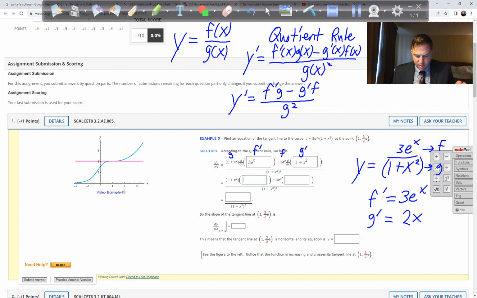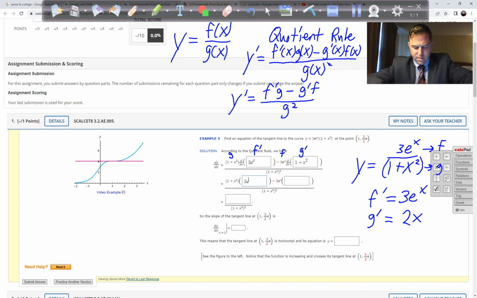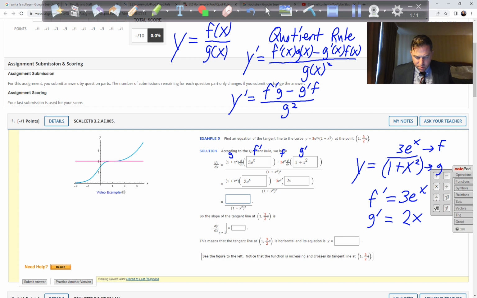Okay, so then they say, what is the derivative? The derivative of 3e^x is 3e^x. And what is the derivative of 1 plus x squared? It is 2x. Okay, and then they're going to want us to simplify that, expand that. So let's see what that would look like.